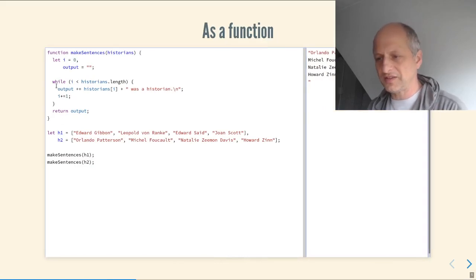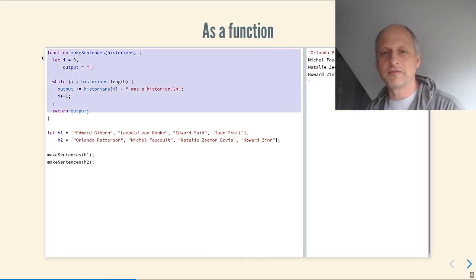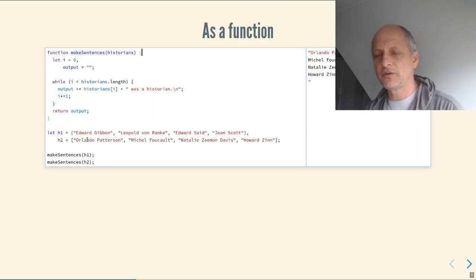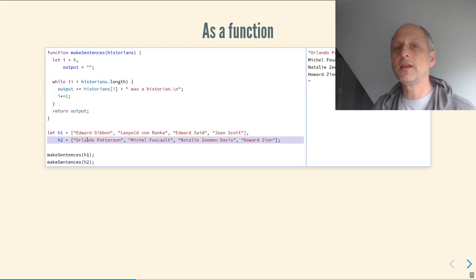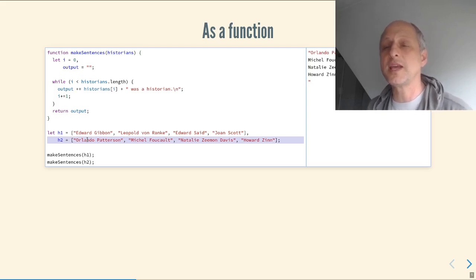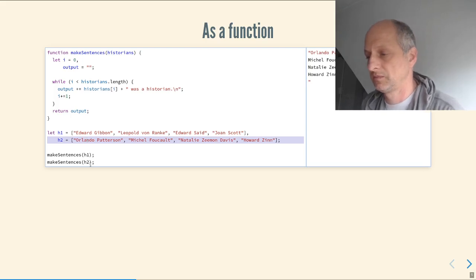And while it's a tiny bit of extra work to make a function, once the function is made, it allows us to repeat, to do the same thing relatively easily with another set of values. So the key thing about the function is that it will perform the same work on whatever values you give it.